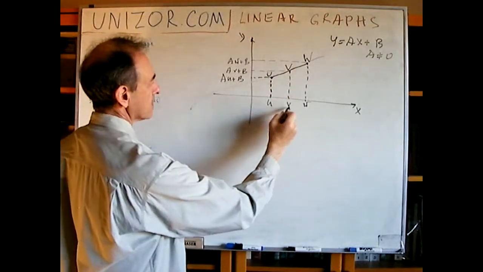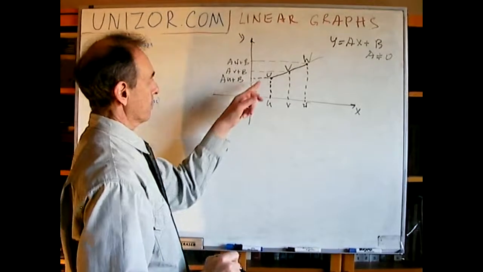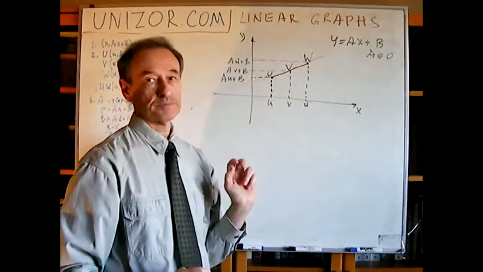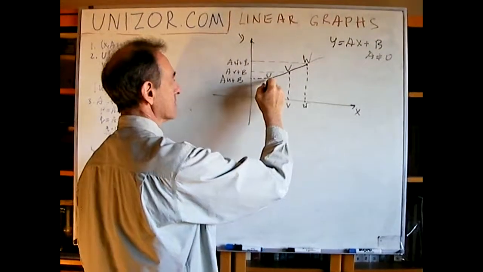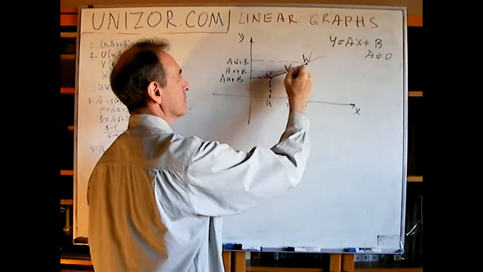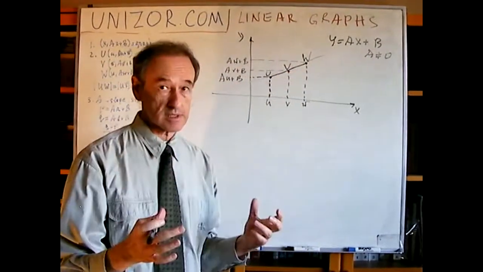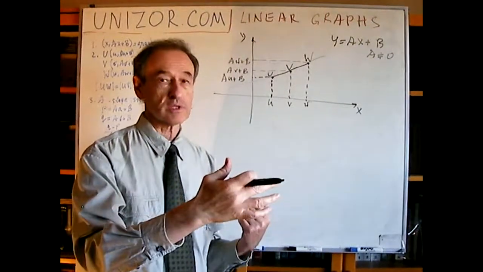These are lower cases, and this is upper cases. Now, I will check the distance between U and W, and then I will compare it with the sum of distances from U to V and from V to W. Now, I know that from U to W, the distance is the shortest distance. It goes along the straight line.